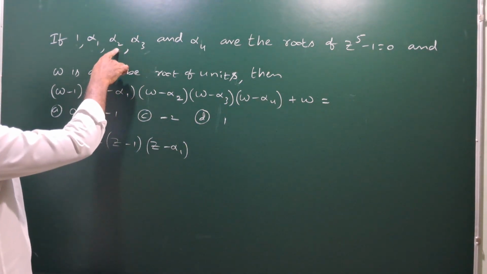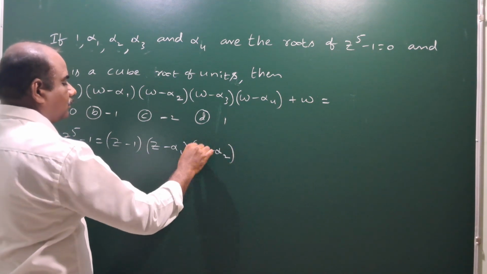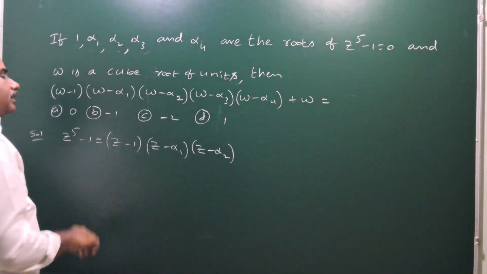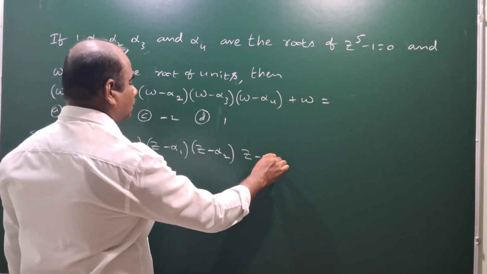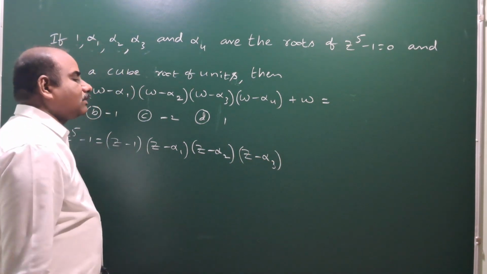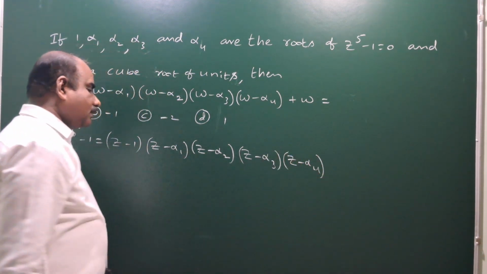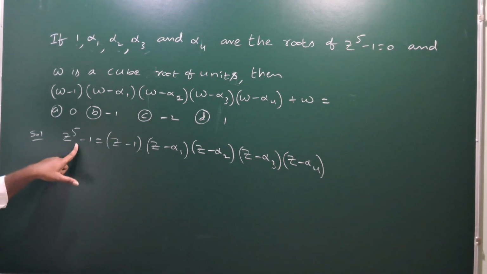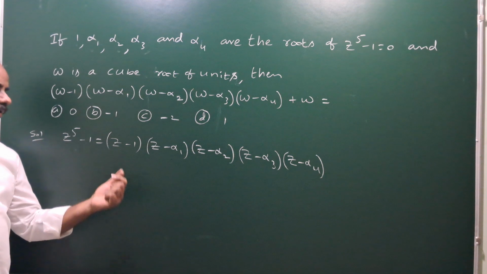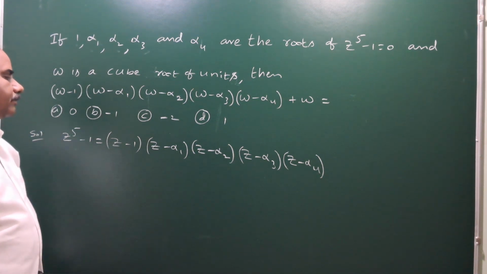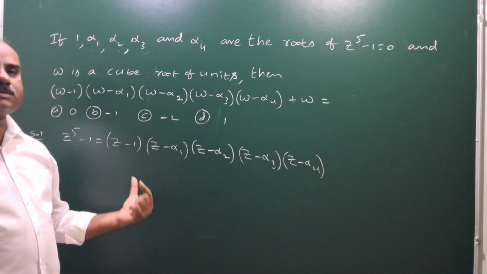If alpha 2 is a root, then z - alpha 2 is a factor. Alpha 3 is a root, so z - alpha 3 is a factor. Similarly, z - alpha 4. So this polynomial has 5 roots, and we can express it as a product of its factors.